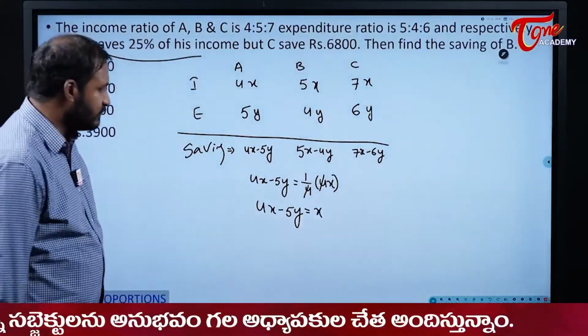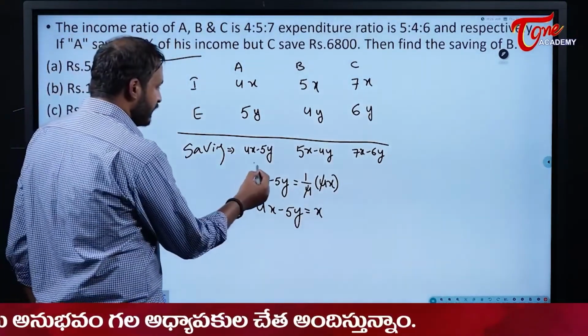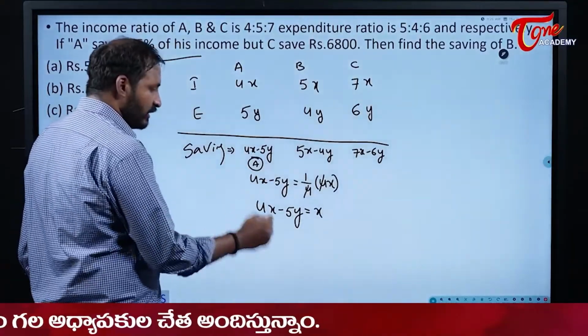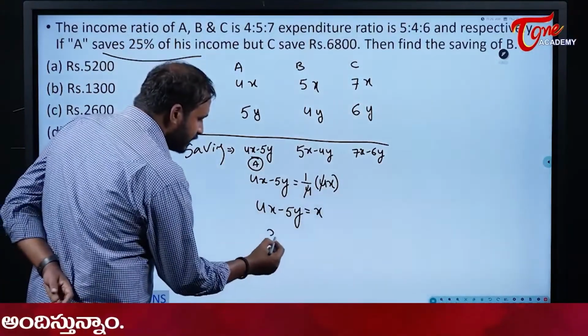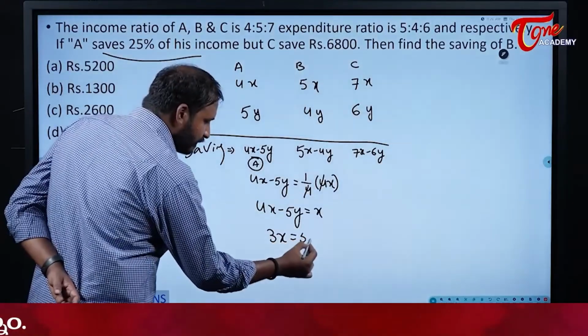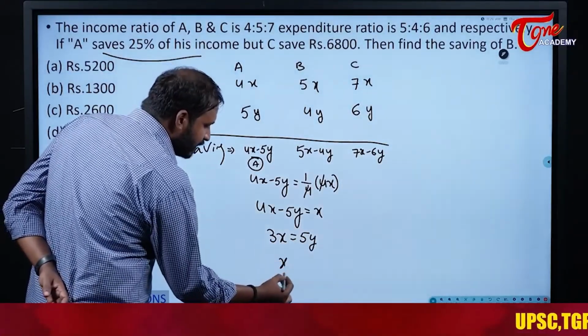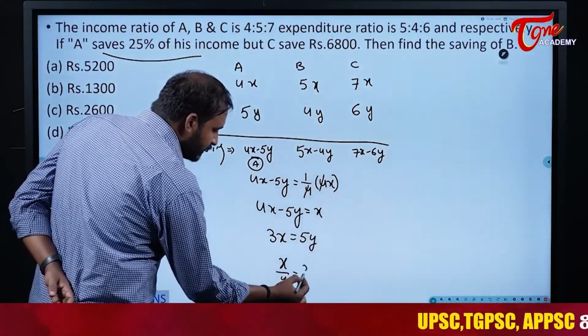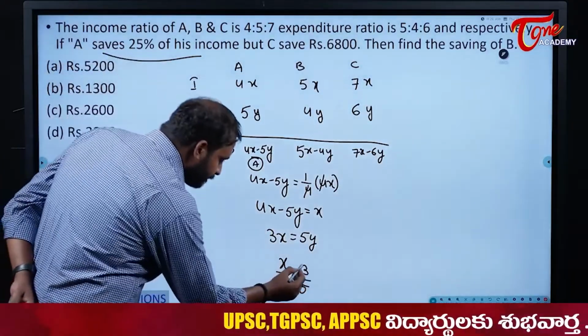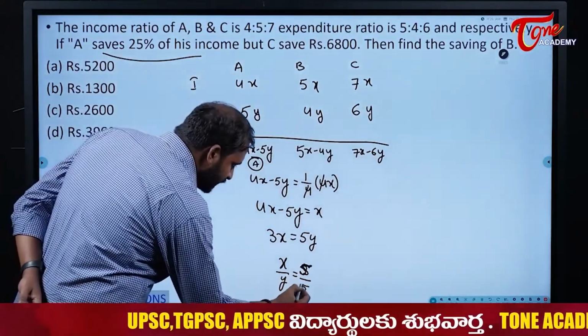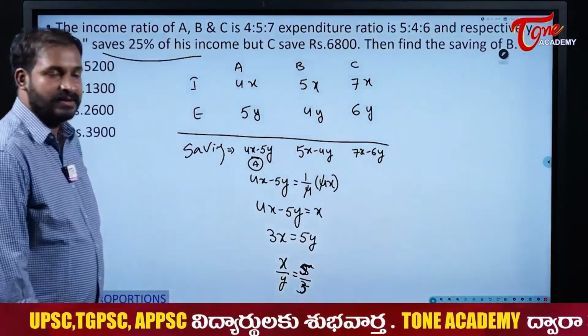This is from A's point of view. So when I send x to this side and 5y to that side, it becomes 3x is equal to 5y. So x by y value will become, sorry, 5/3. x by y becomes 5/3 for us.